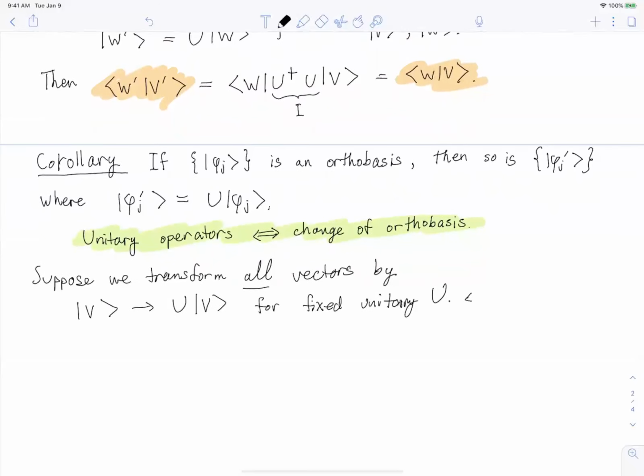And this is called an active transformation.